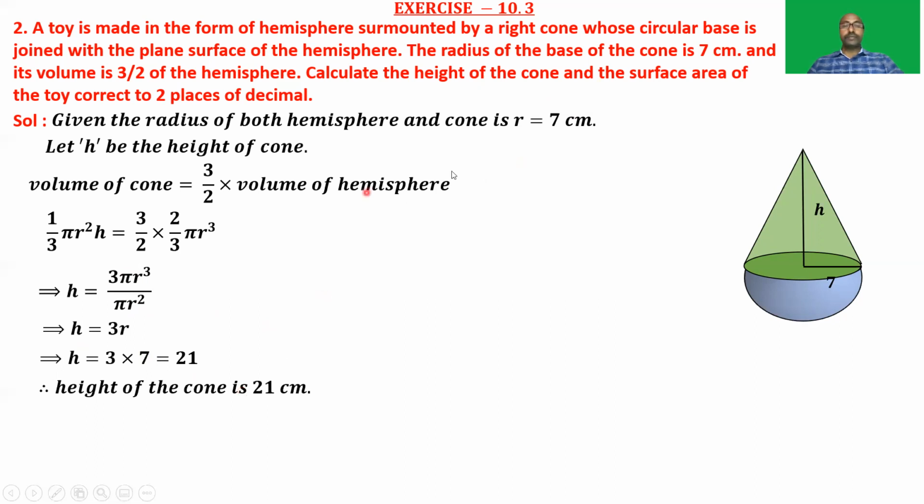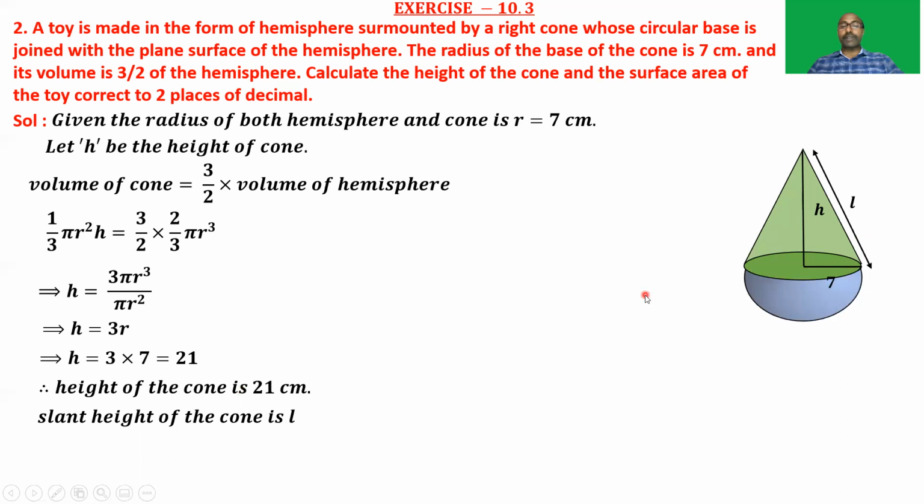Now we have to find the surface area of this toy. So this toy consists of both cone and hemisphere. To find the curved surface area of this conical part, we have to find its slant height, because the curved surface area of cone is equal to pi rl.